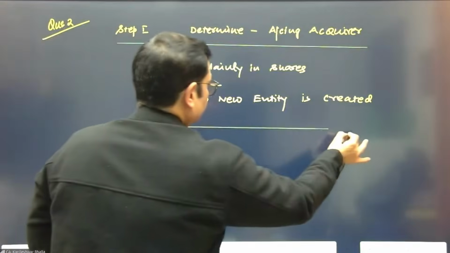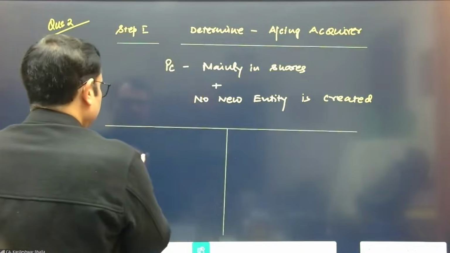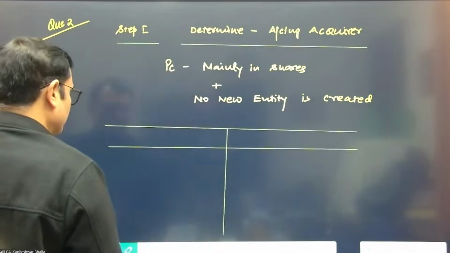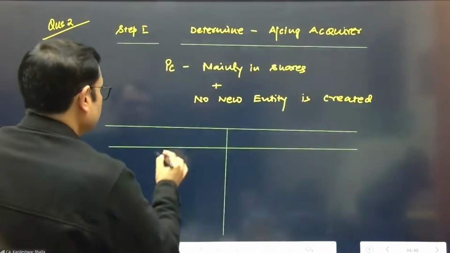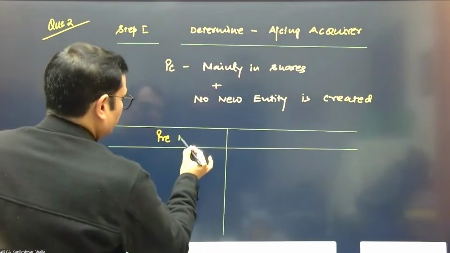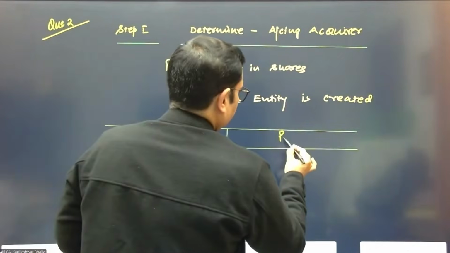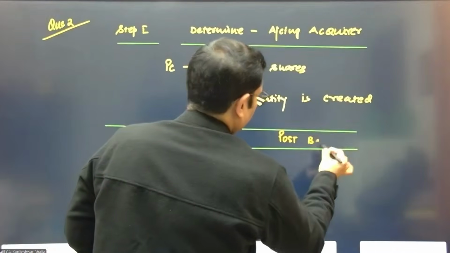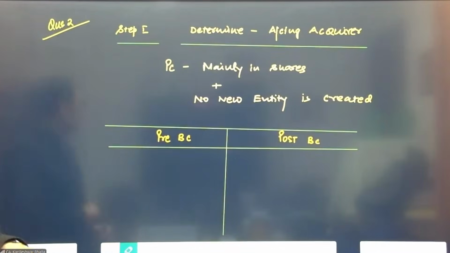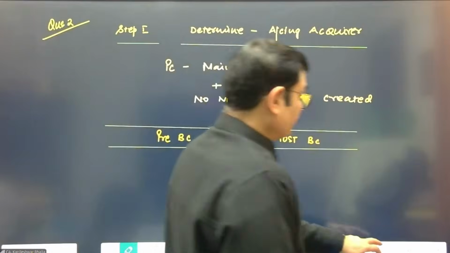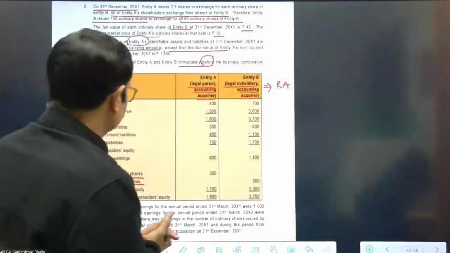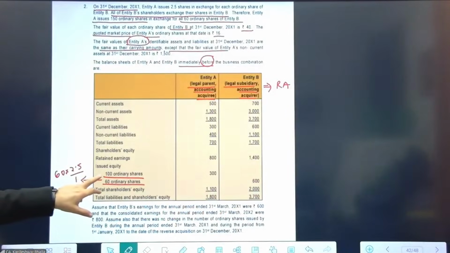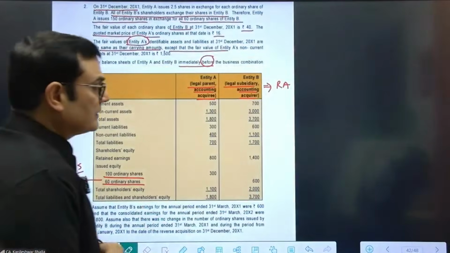So we're going to do some workings. We're going to see the status pre and post business combination. So let's see the percentages pre business combination and the percentages post business combination. Let's now consider the number of shares in the balance sheet of the company. Now, A has got 100 shares and B has got 60 shares.